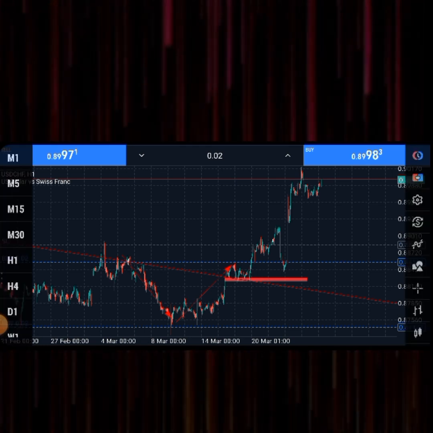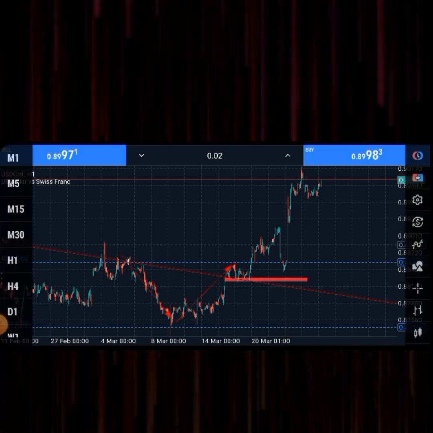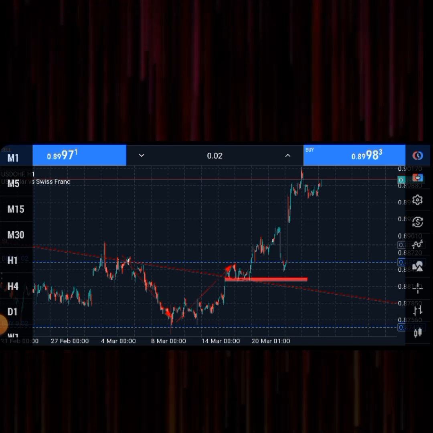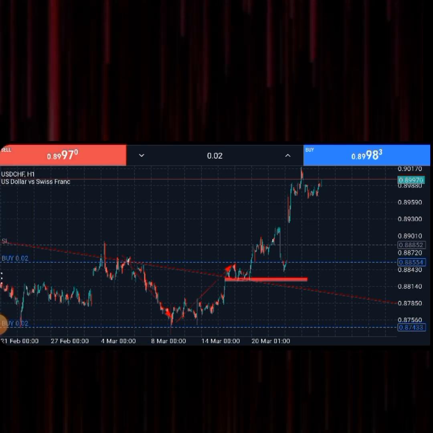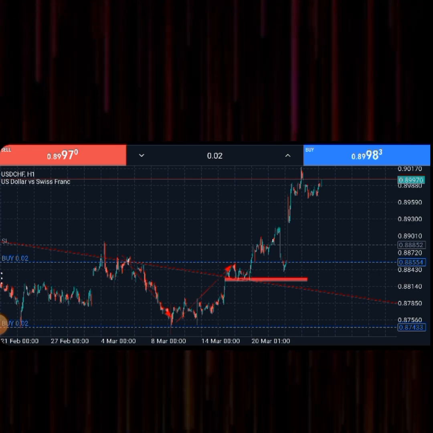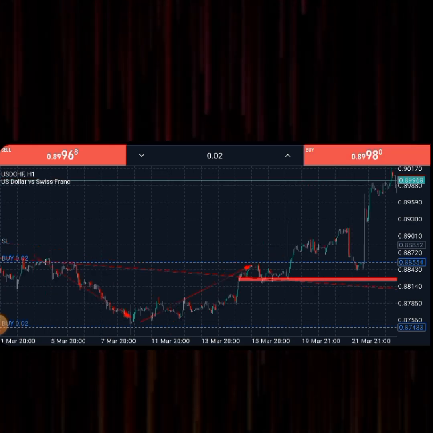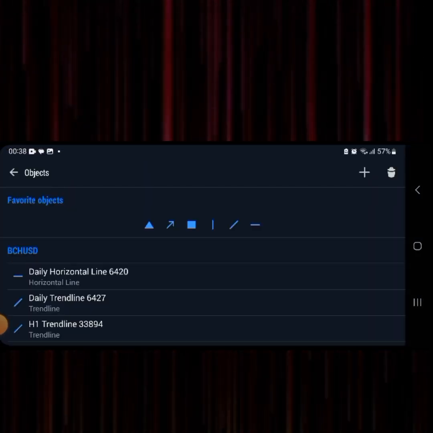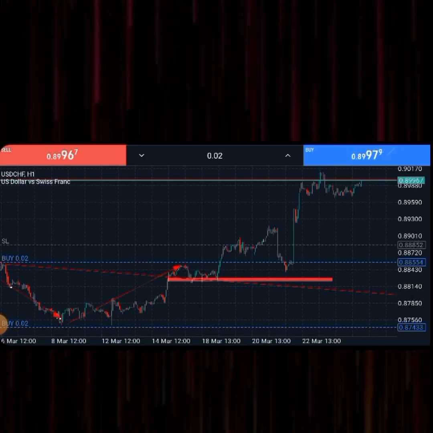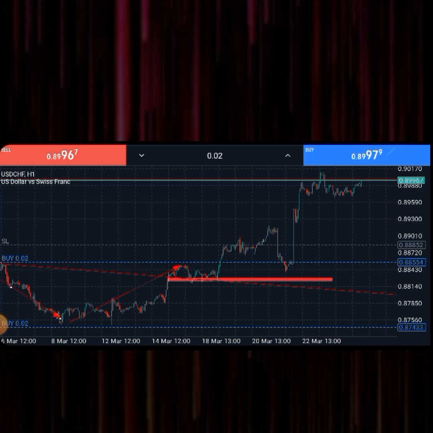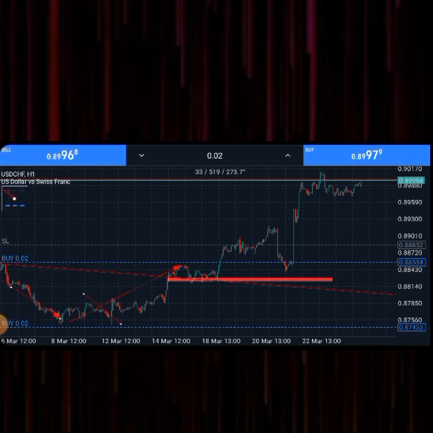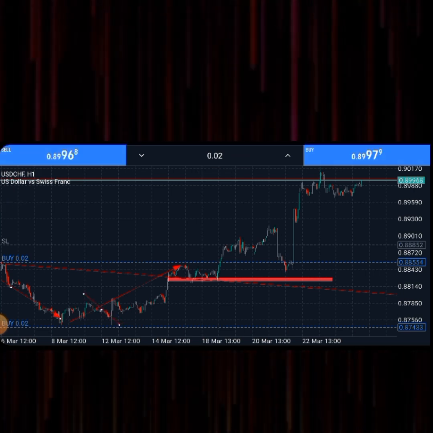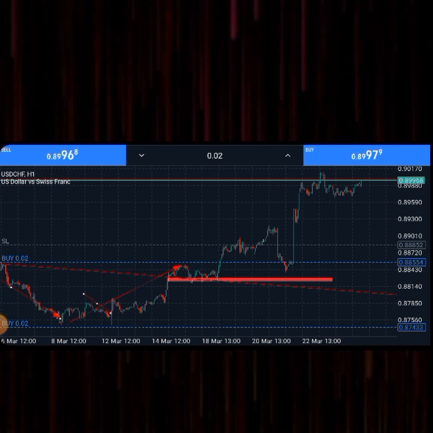So we have an impulsive move towards the downside, a reversal move towards the upside, but in a curvy type of structure. Why is the curvy part so important? Because the curvy part is caused by buyers and sellers arguing for power.